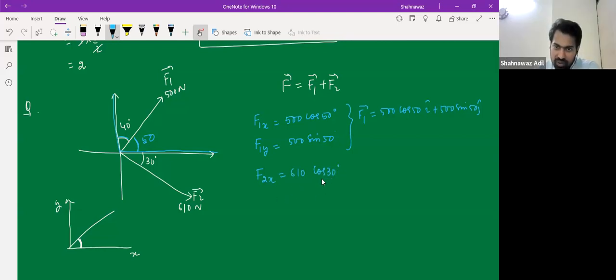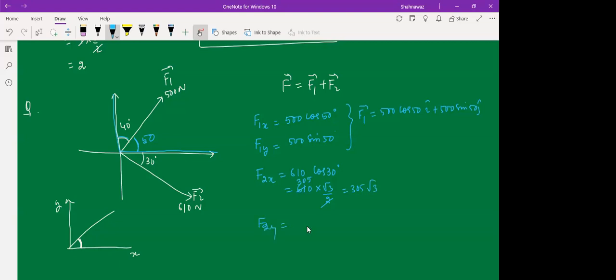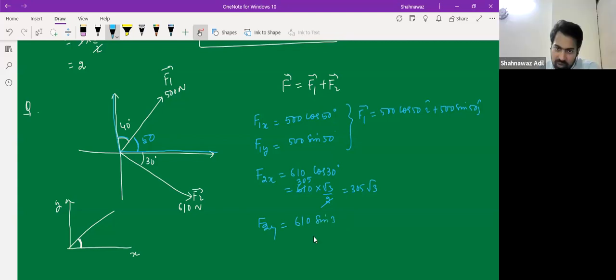We know the value of cos 30, so this is 610 root 3 by 2, which is 305 root 3, right? And F2y would be how much? F2y will be 610 sin 30, so this would be simply 305.